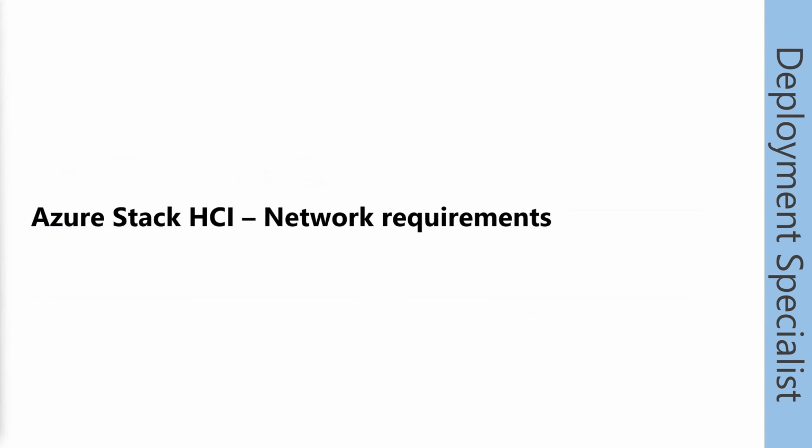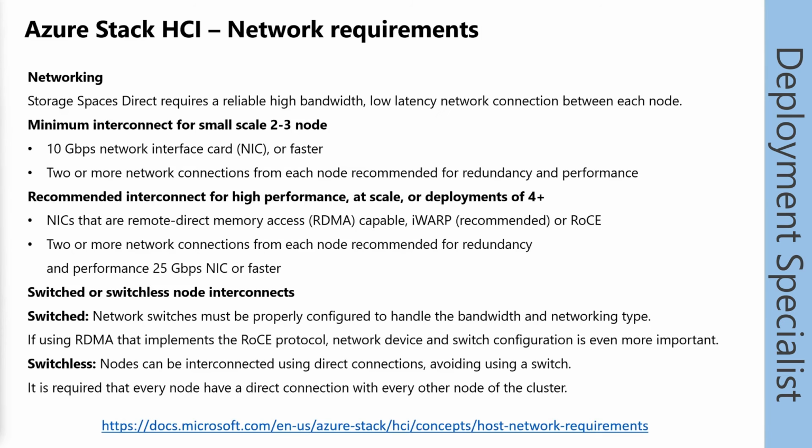Let's have a look at the Azure Stack HCI network requirement. All the data between the servers is distributed, all the slabs are distributed via SMB networking, and the networking should always be a high bandwidth, low latency network. This can be provided by minimum 10 gigabit per second network interfaces, always redundancy.